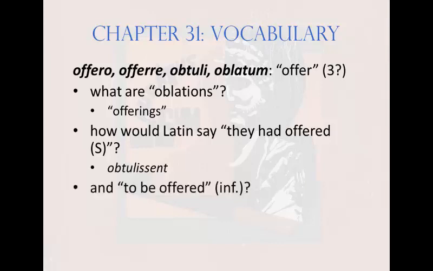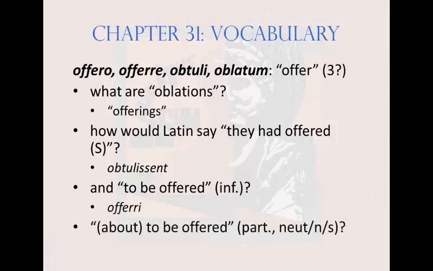And what about to be offered, the present passive infinitive? Yes, it's one of those athematic forms, offerri. And what about the other to be offered, that is, about to be offered, the future passive participle? And let's make it nominative singular, neuter. How are gerundives formed in Latin?